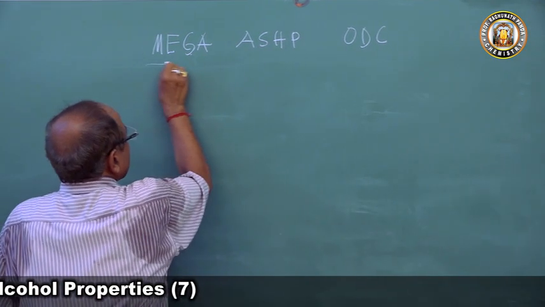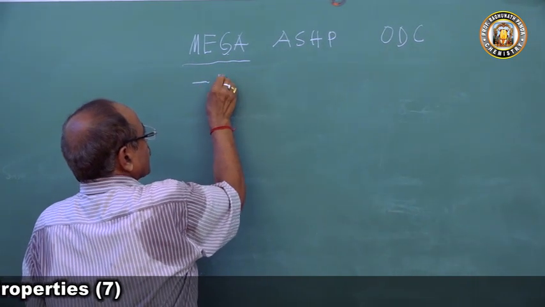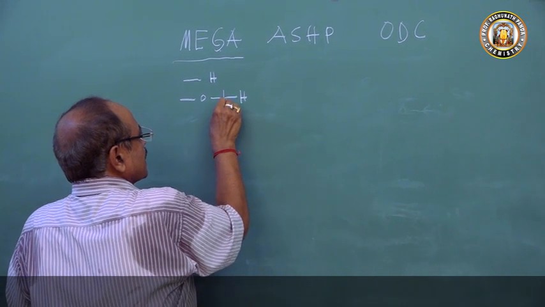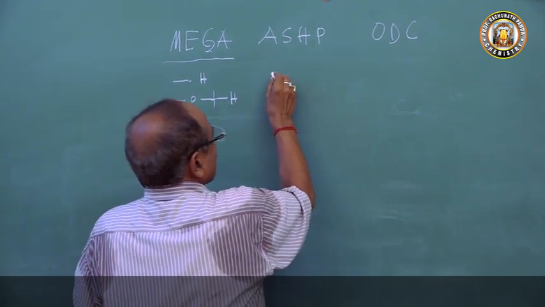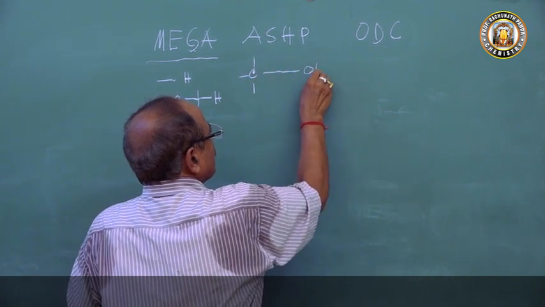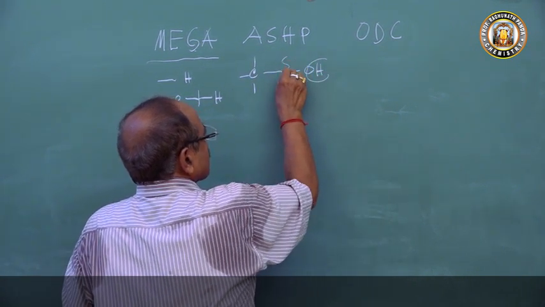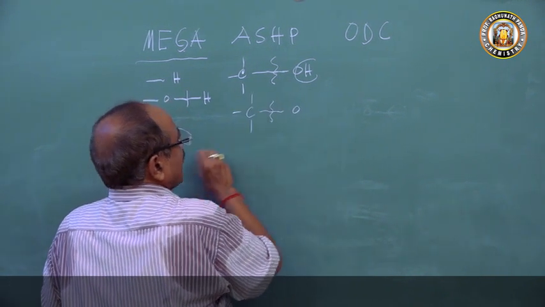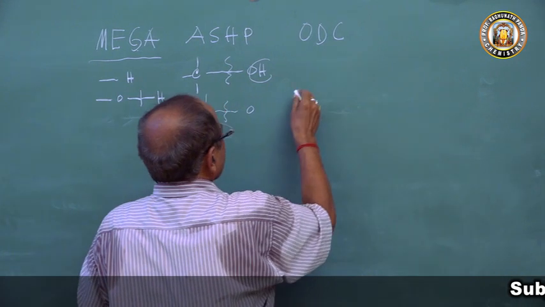This MEGA is reactions involving the hydrogen atom, the cleavage of the OH bond, similar, and ASHP the reactions involving the OH group and the cleavage of the CO bond, and here ODC the molecule as a whole.